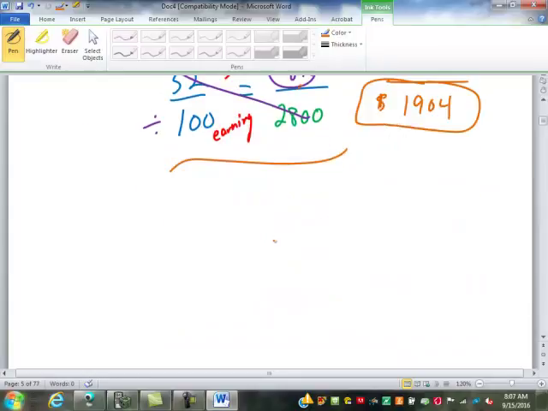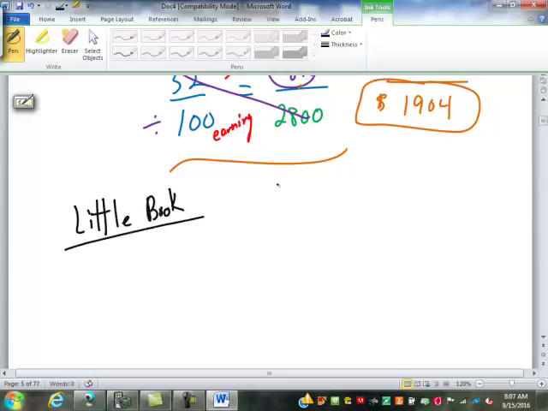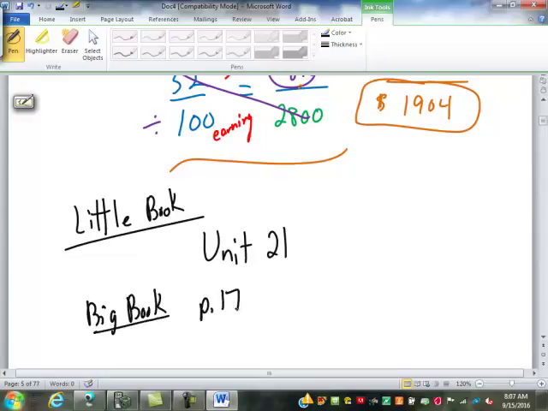So for homework, in the little book, it's going to be Unit 21. In the big book, I'm going to have you do page 172, exercise 5-7A.